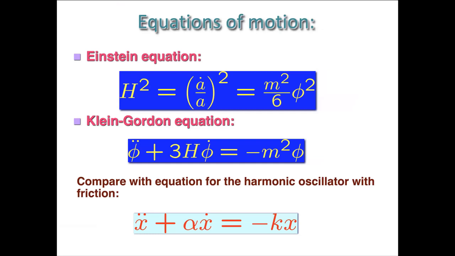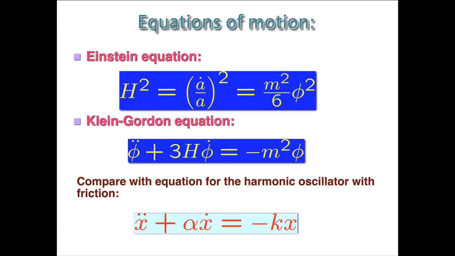I'm writing a couple of equations. The first one is this simplified Einstein equation. Hubble constant squared is proportional to m squared phi squared, which is just potential energy. The Klein-Gordon equation describes motion of the scalar field. This equation, if we look only at the first term and the last term, is very similar to the equation of the harmonic oscillator, which says x double dot is equal to minus kx. So everybody who studied mechanics knows this equation.